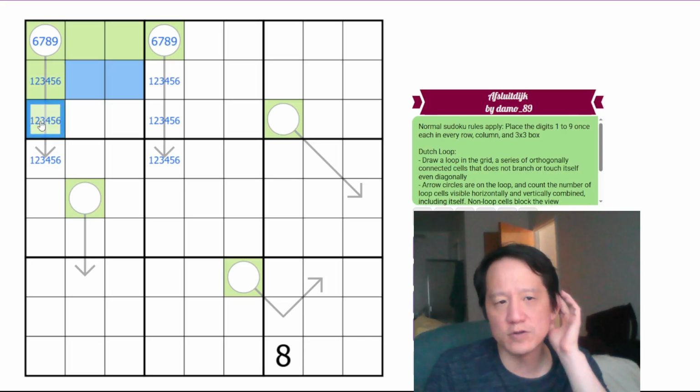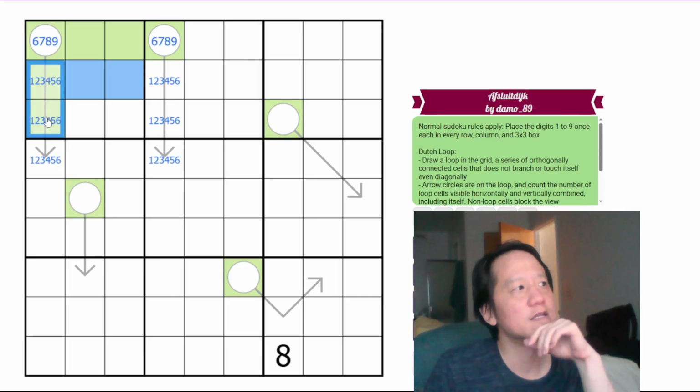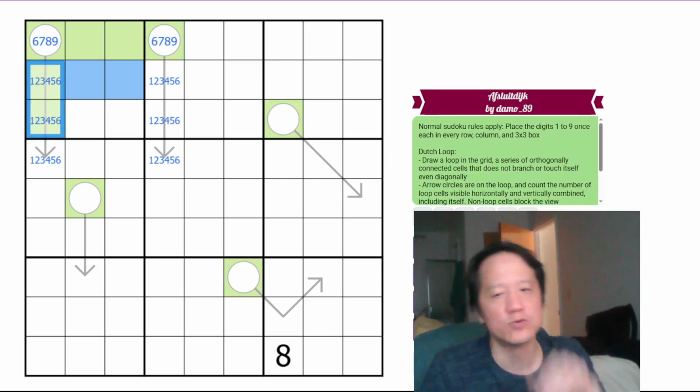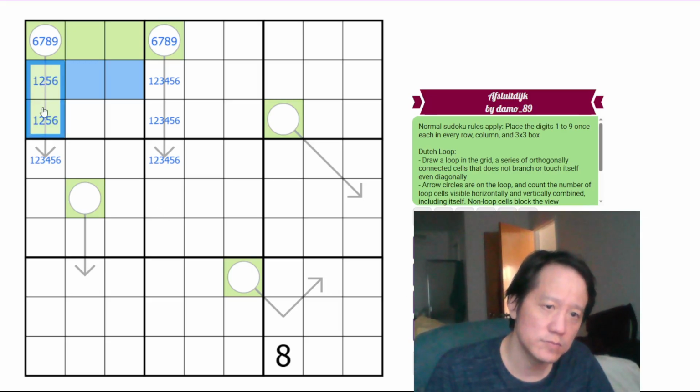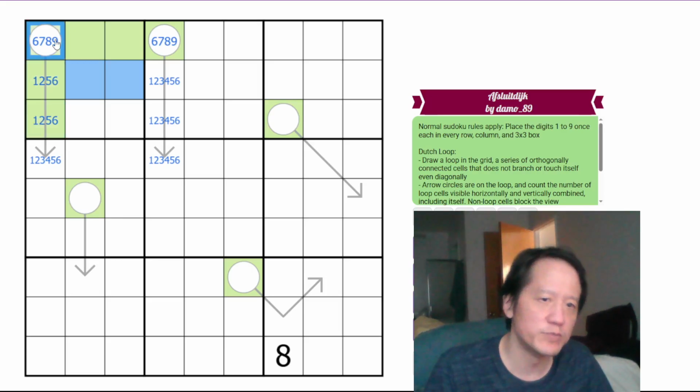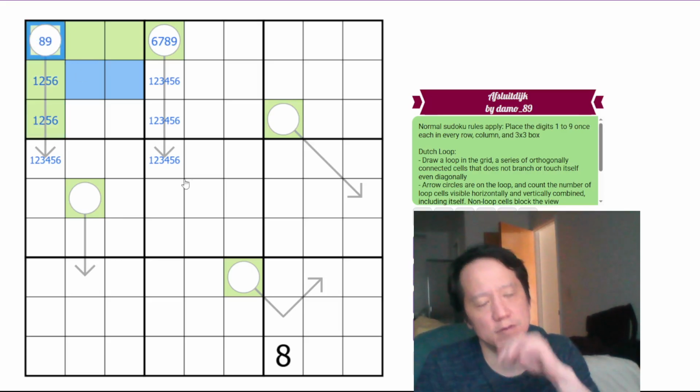Because if it goes here on the loop, that means this must be a difference of at least 4. So you have a 5 or a 6 with a 1 or 2 here. That means this is at least 1 and 5 added together, which means this is 8 or 9.